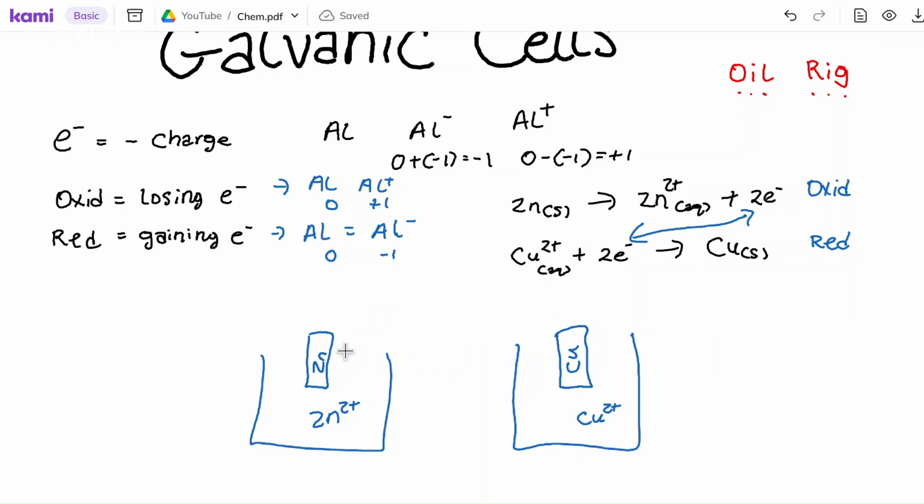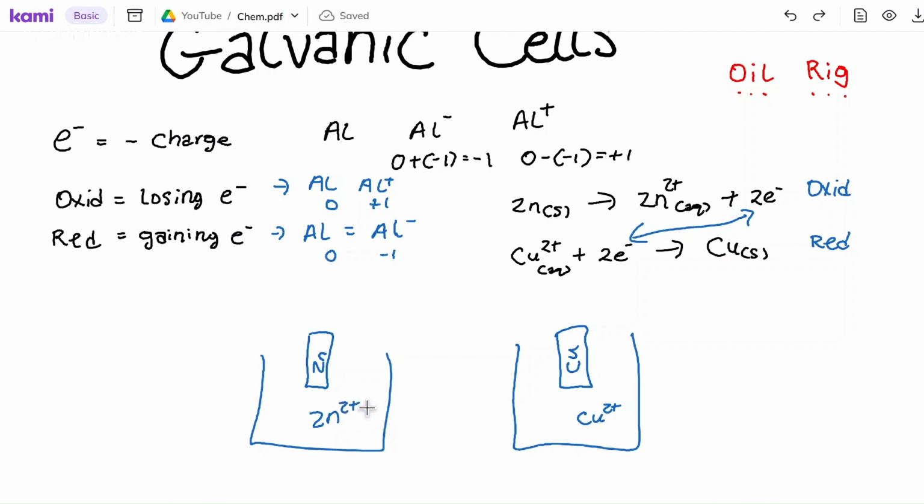So what's happening here is that, like I told you earlier, this is the standard zinc, and this is the one where it lost 2 electrons.